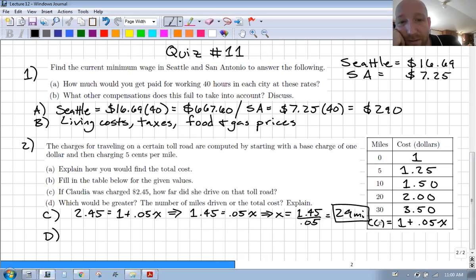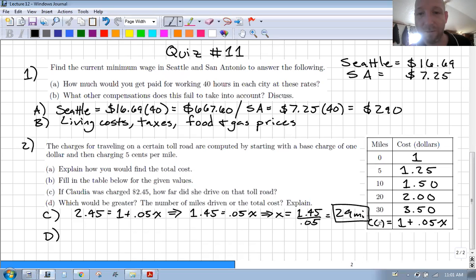At 29 miles, our cost is $2.45. Let's see, what would it be to say 1,000 miles? At 1,000 miles, multiply that by 0.05, that gives us 50.